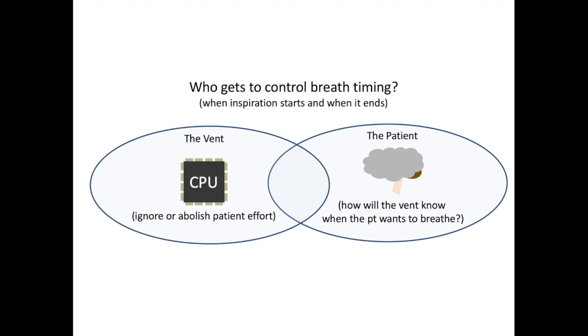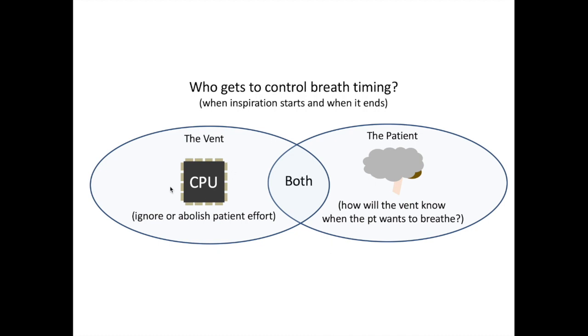To summarize it again, you can either give the CPU complete control and you just ignore patient efforts, or you can use the changes in pressure and flow in the tubing that are caused by the patient's inspiratory efforts to tell the ventilator that this is when inspiration starts and this is when inspiration ends. In between the extremes of giving the vent complete control and the patient complete control, there's kind of a combo of both.